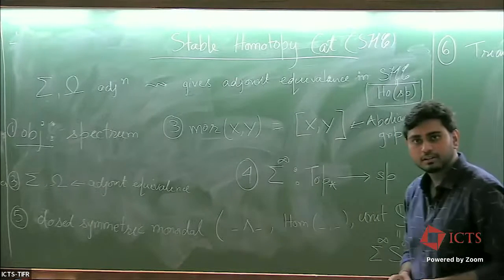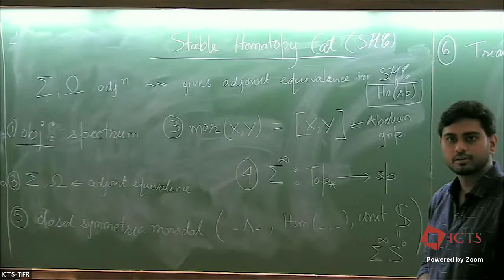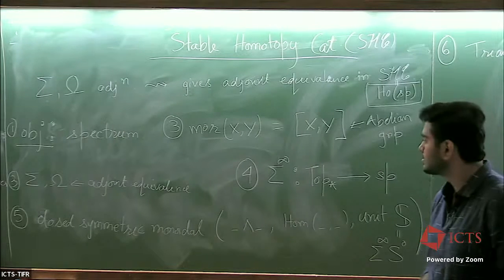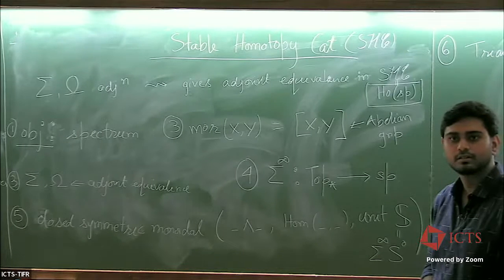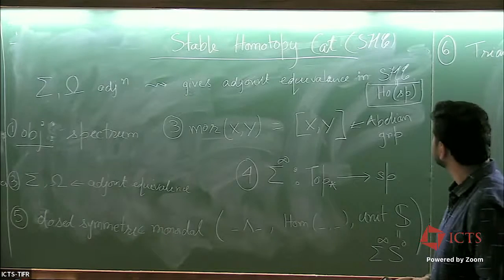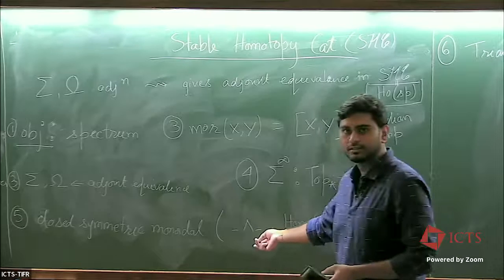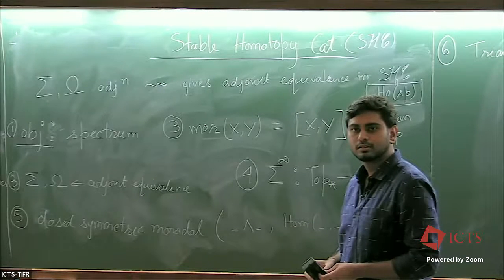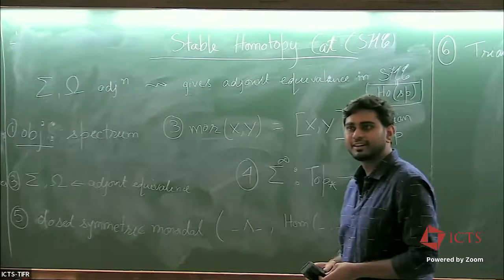For topological spaces, it is X cross Y, if it is unbased. For based spaces, it is the smash product. In this category, this is just a notation. I'm not defining it.